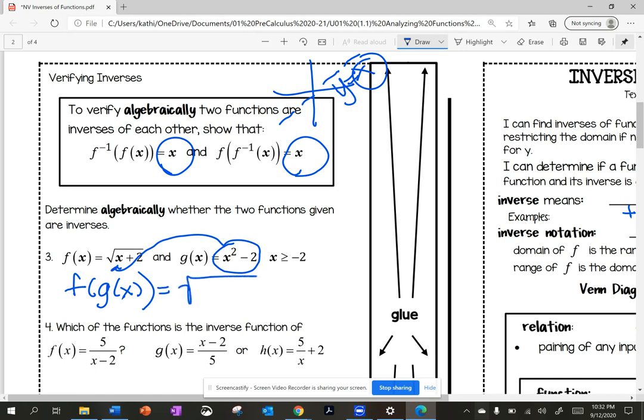So this is going to be the square root of x squared minus 2. And then I still have a plus 2 from the original function. So minus 2 and plus 2 total 0. So this is the square root of x squared, which equals x. And that I am looking for is my solution x. So then I say verified, and I show that with a check mark and say yes.